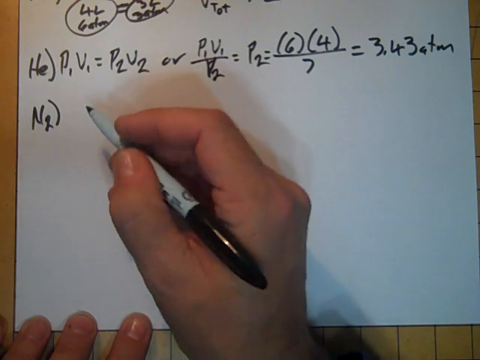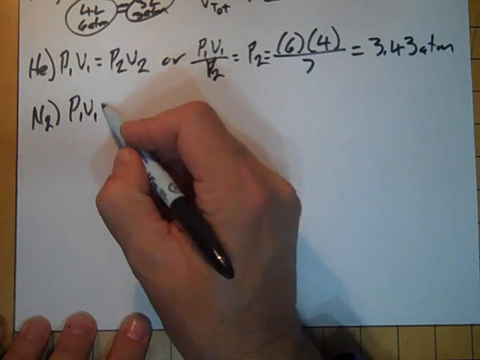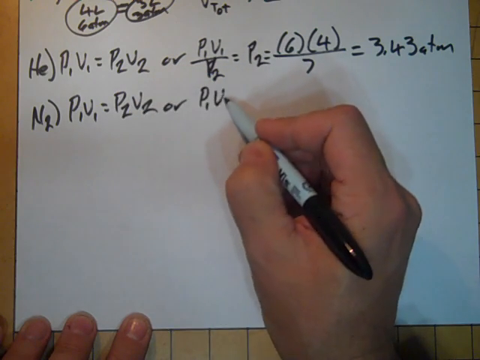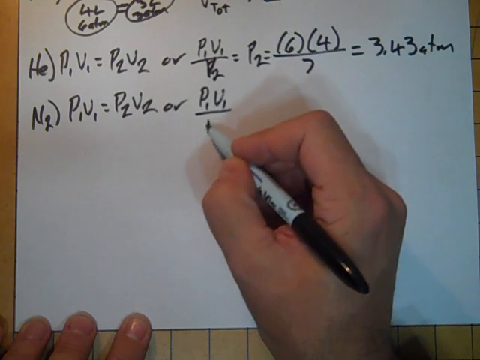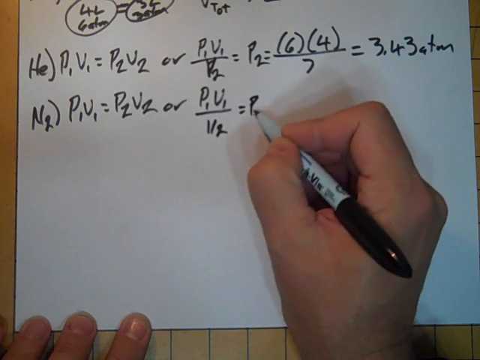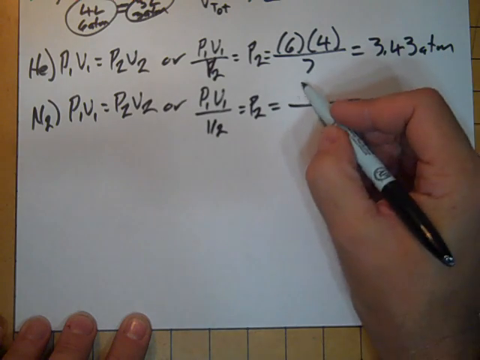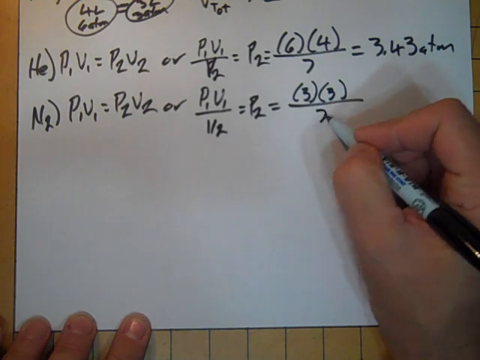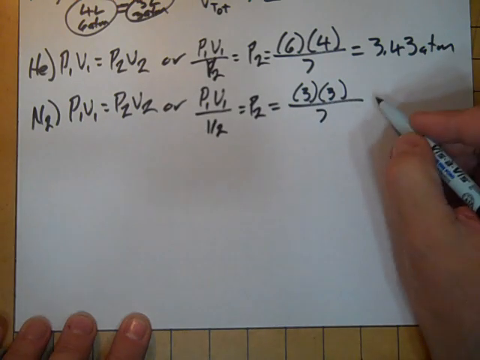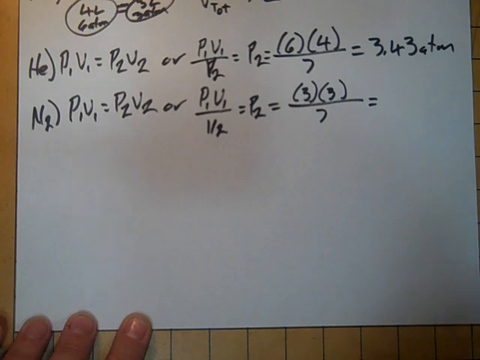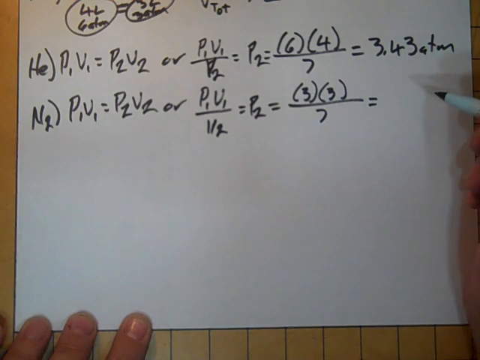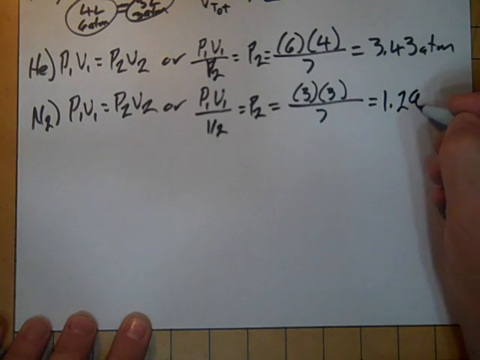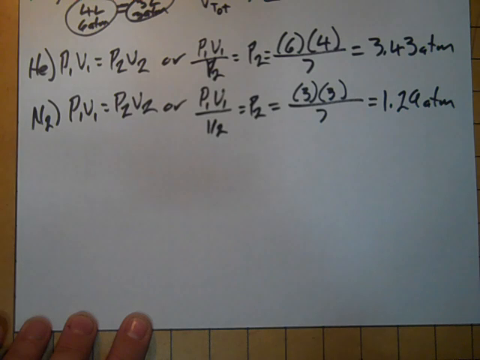For nitrogen, we do the same thing. P1V1 equals P2V2, or P1V1 over V2 equals P2, which means that 3 atmospheres times 3 liters divided by the new volume of 7 liters equals a new pressure of 1.29 atmospheres.